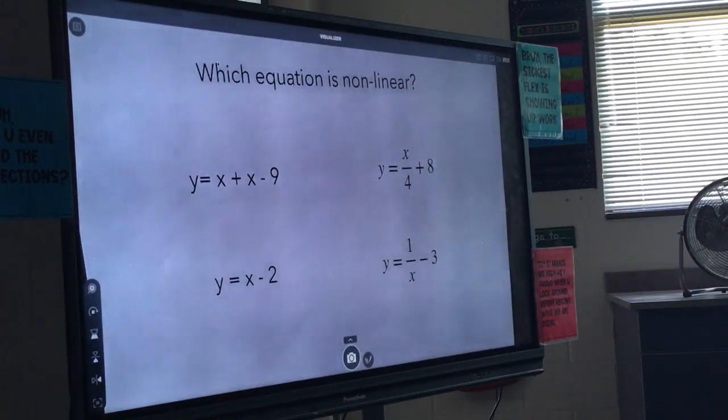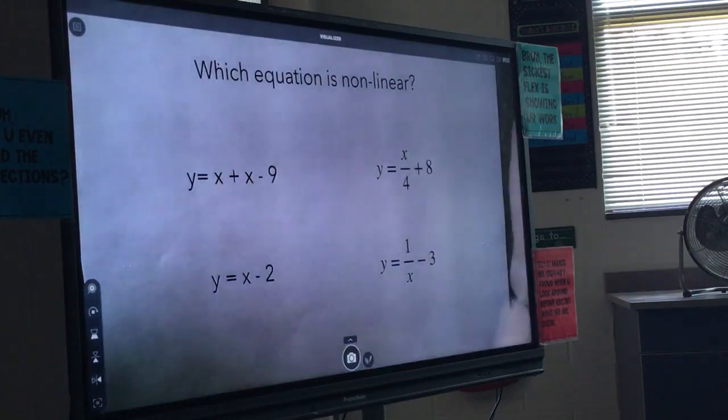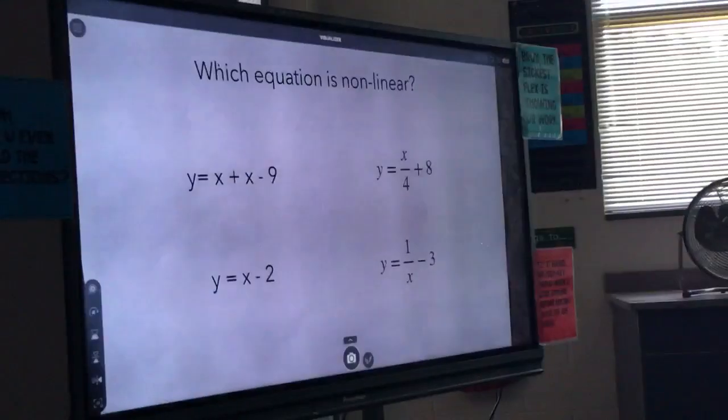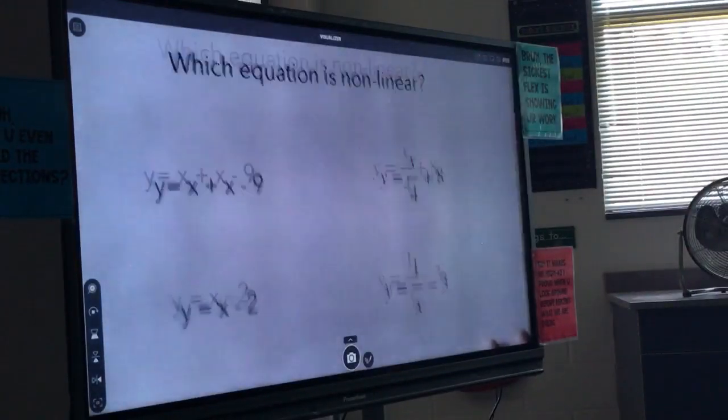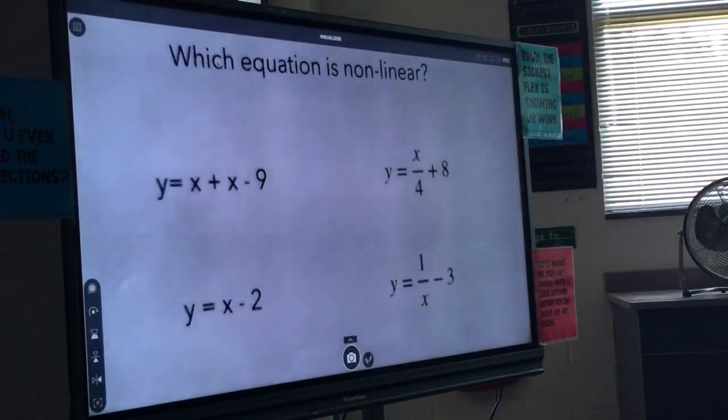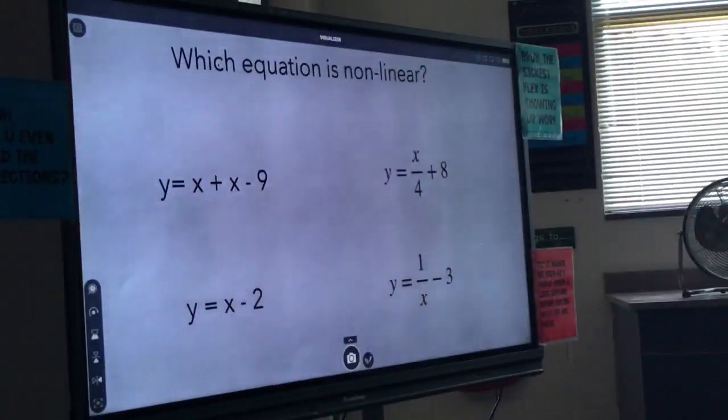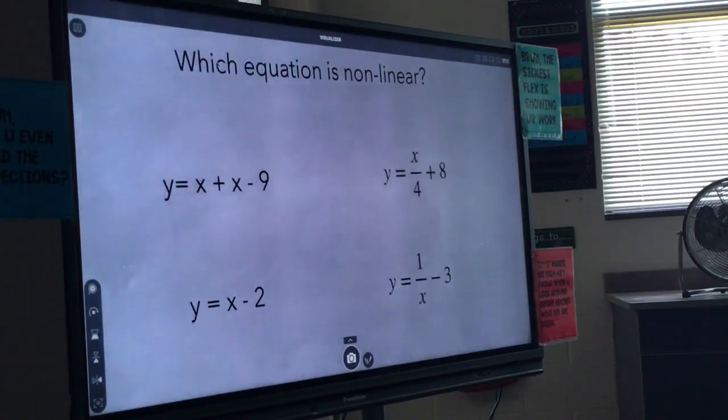So what are the things that make a line not linear? If you need, look back, I think it was question 1 where we wrote some notes. Or question 2. All right, give me one thing, Raiden. If it's not a straight line. Well, how do we know? At this moment in time, we just have equations. But there were some notes that we took that told us what makes an equation linear, what makes an equation not linear.